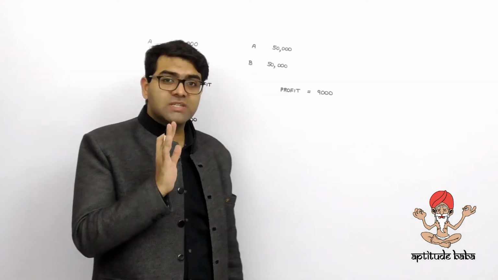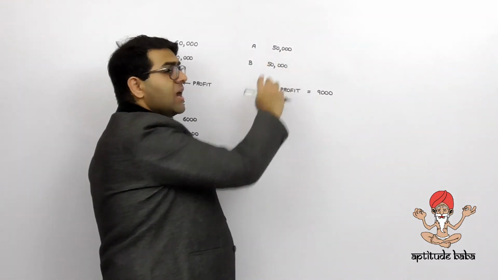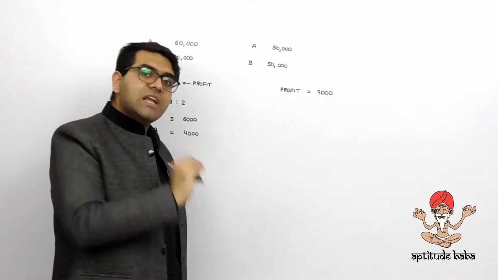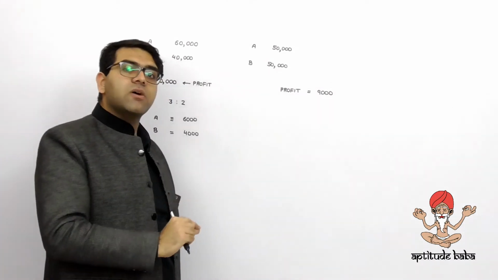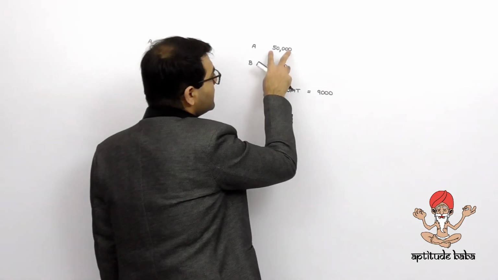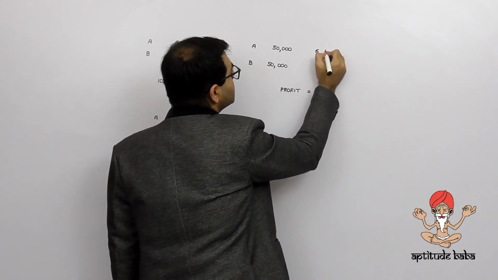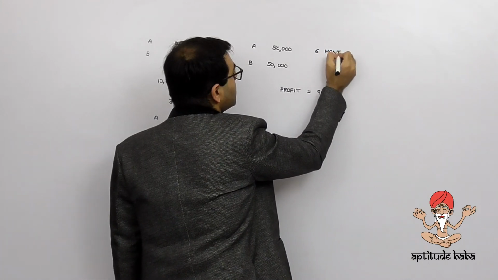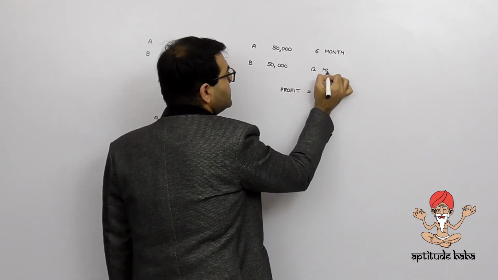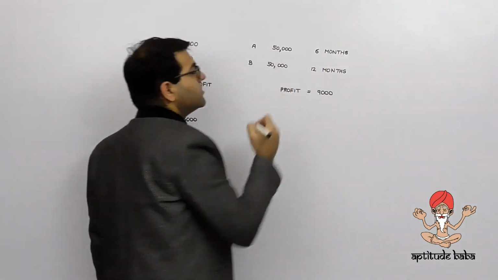No, because in this given case, partner A had although started with 50,000 rupees, but he had left, taking his investment out at the end of 6 months. That means यहाँ पे partner A ने 50,000 rupees invest करके रखा लेकिन सिर्फ 6 months के लिए, लेकिन partner B ने पूरे साल के लिए यानी कि 12 मंथ्स के लिए अपना इन्वेस्टमेंट बिजनेस में रखा.